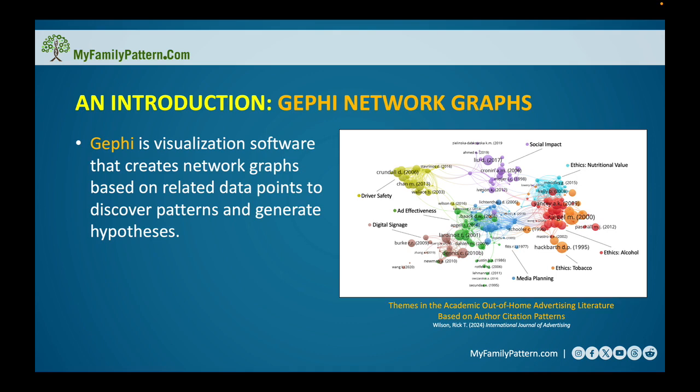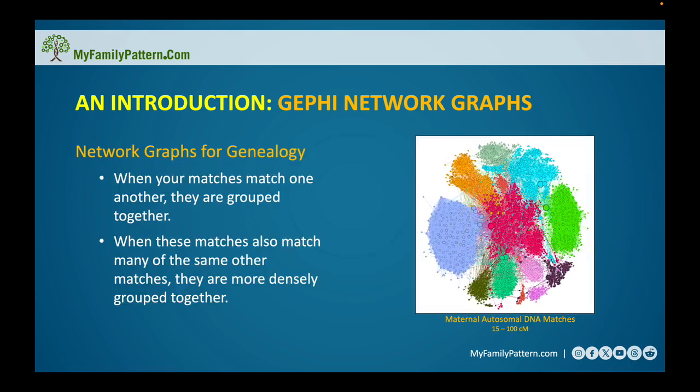And so I was able to create this map. All of these data points are related, and they organize them and group them based off of similarity. Now, you don't want to understand really my 9-to-5 academic job. What you want to understand is, how do we use this same software for genealogy? And it functions exactly the same way.